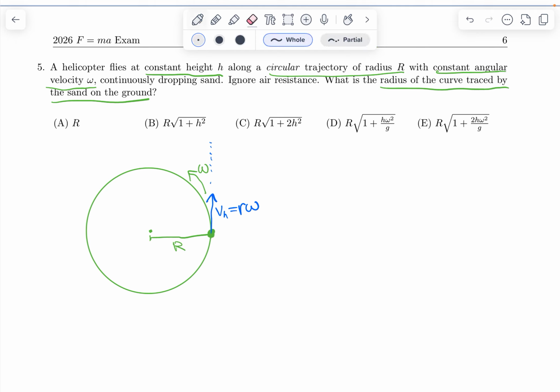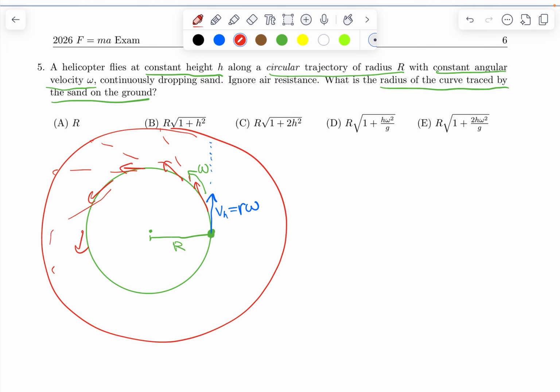And now, let's say after the helicopter travels a full revolution, the sand will just trace out a larger circle, and the radius is going to be this, r prime.